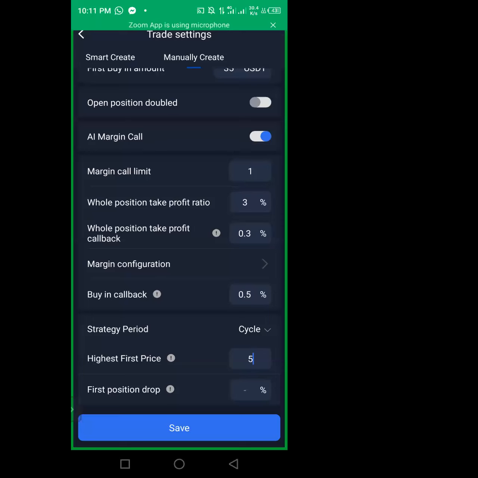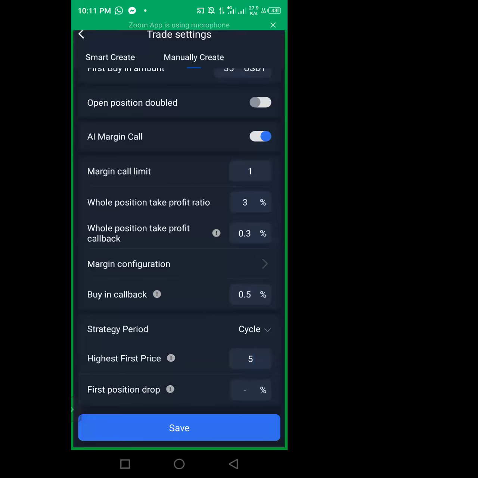You are not with your phone, but you set the highest first price to be 5. The robot has started making profits for you because you're on cycle. You started at $1, so the robot will be buying, selling, buying, selling. Do you know that when ATA increased to $5, the robot cycle will not trigger again?